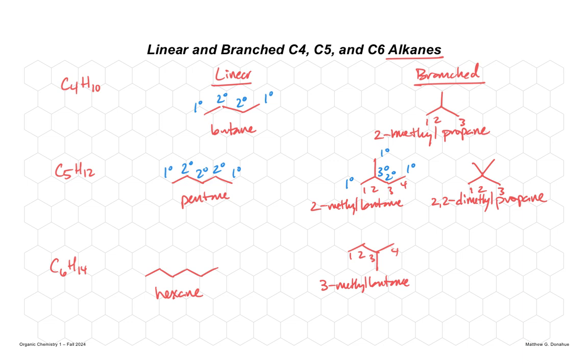So maybe what I'll do is I'm just going to draw one out, and I'll show you sort of the technique that you use to convert the structure into the name. So if you're given this structure right here, how would you then go through this process to determine the name?